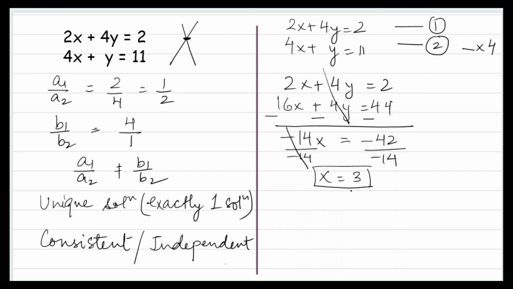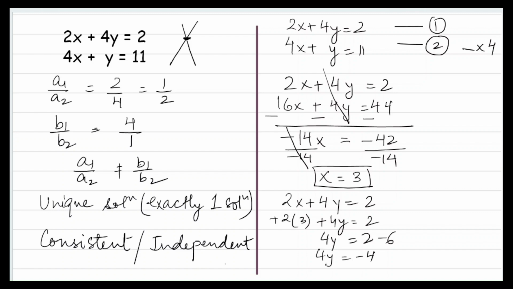Put this x equals 3 in any of these equations. I will be putting it in the first one. So 2x plus 4y equals 2. So 2 times 3 plus 4y is 2. So 4y equals 2 minus 6, since 2 times 3 is 6, and this plus 6 when shifted to that side will become minus 6. So 4y equals minus 4.